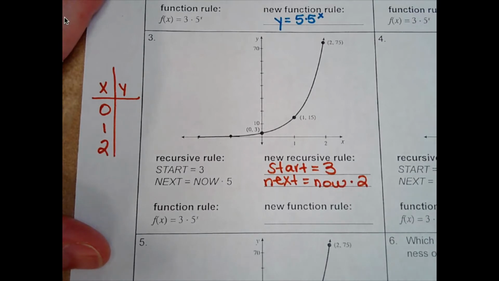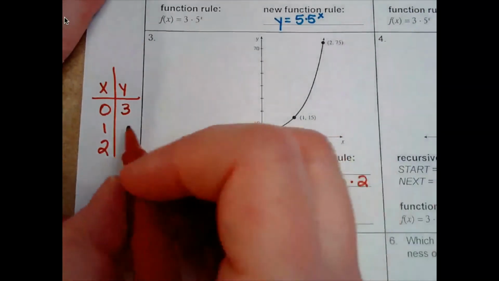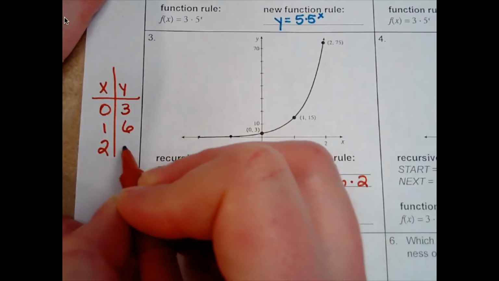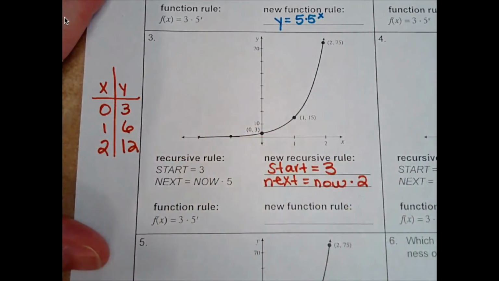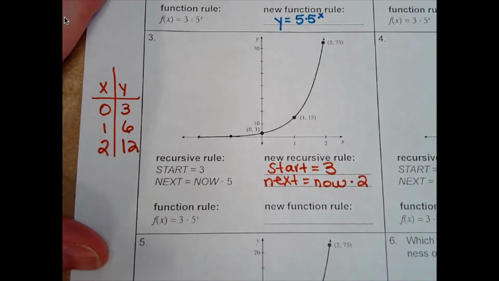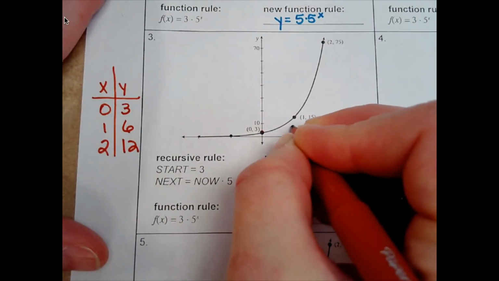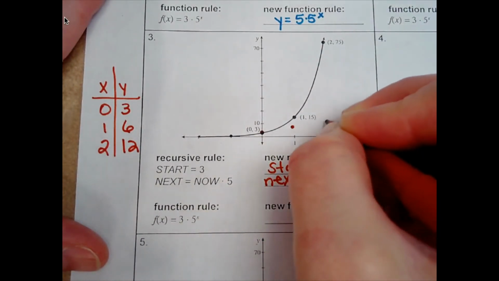So what's our first value? 3. And then what's our second? 6. And then 12. Multiply times 2. 3 times 2 is 6. 6 times 2 is 12. So 0, 3, 1, 6, 2, 12.